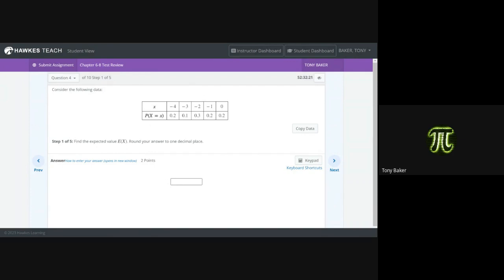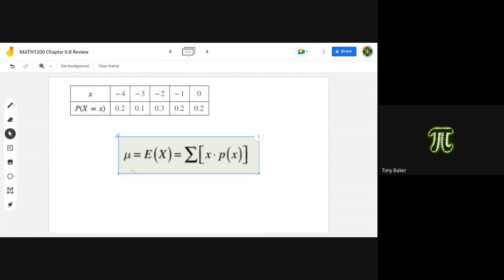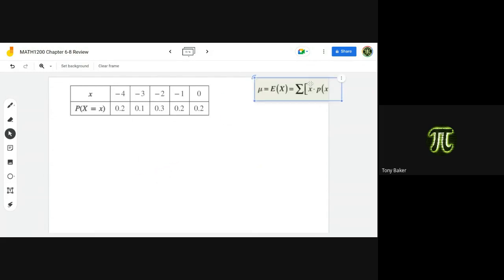Okay, so expected value. For expected value, we're going to multiply. This is the equation for expected value. You're going to multiply the x times the probability and add them up.